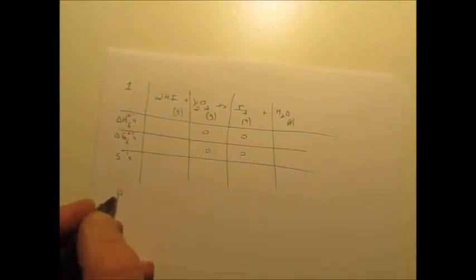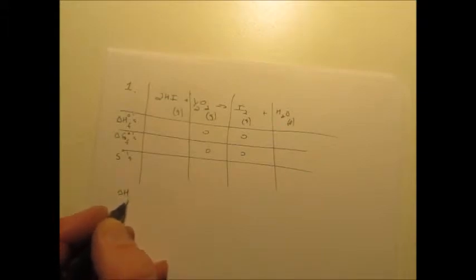So then you start, for instance, delta H of reaction. The naught means, of course, at 298.